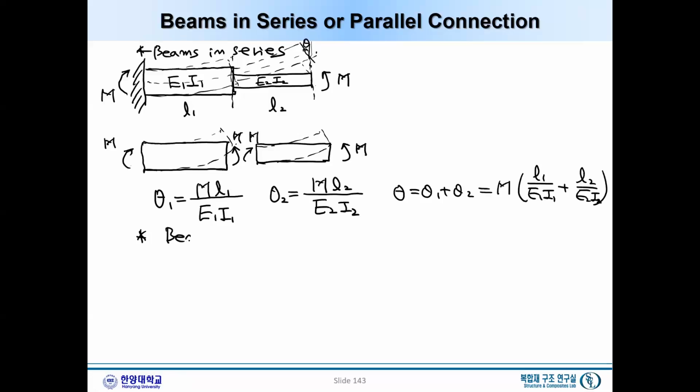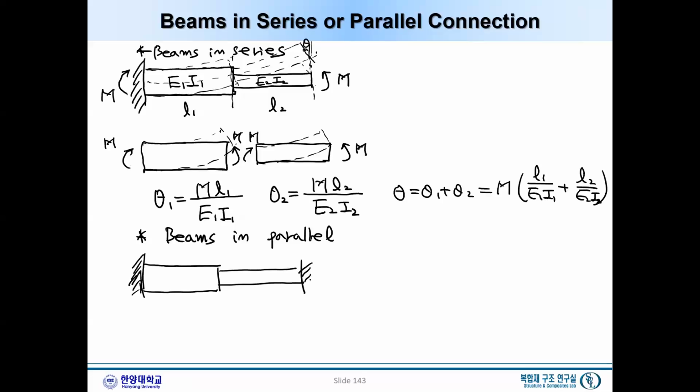And beams in parallel connections. Now for parallel, we can consider two beams in concentric positions, but just for different considerations, we consider two beams connected on the right hand side, and then at the junction we apply the bending moment like that.